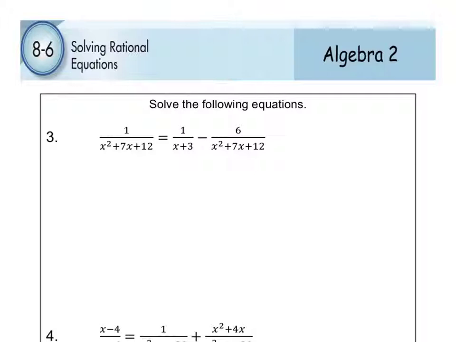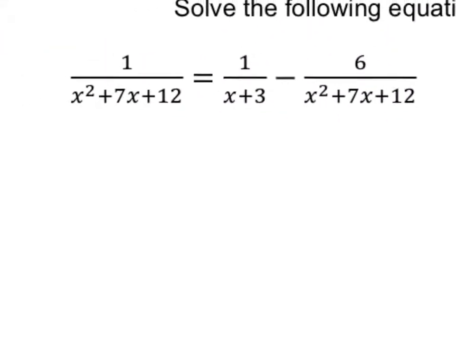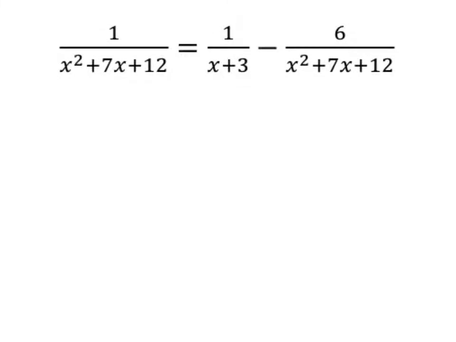Okay, so again, looking at question number 3, the first thing we needed to do was factor our denominators if we need to. In this case, we are going to factor the trinomial x squared plus 7x plus 12, factors of 12 that add to 7, and this ends up being x plus 4 and x plus 3, and it's the same thing for both.